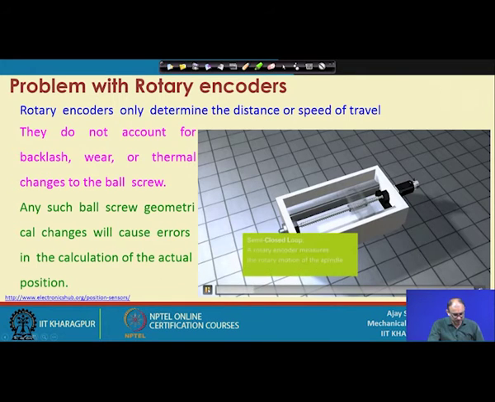Now, you know that this is the semi closed loop, because the rotary encoder measures the rotary motion of the spindle in this particular case. Now, how do we calculate this? From the rotary motion and the screw pitch, the control calculates the position of the axis, because you first have to find the pitch of that particular screw and, based on the rotation, it will find the exact linear position of the axis.